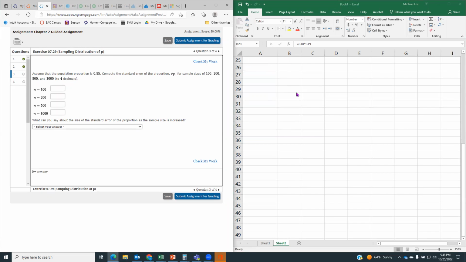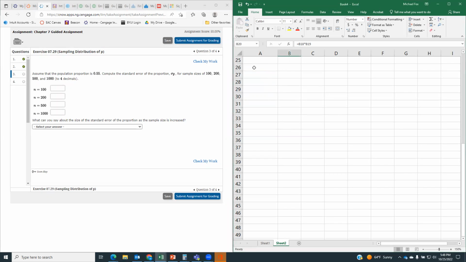Because I'm not sure how to proceed, I'm going to start with what I know. I know that the population proportion, which is just called P, is 0.55. It wants me to compute the standard error of the proportion for a given sample size, some value of n. The first one it gives us is 100.